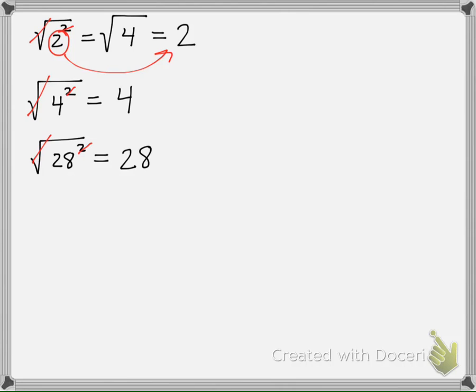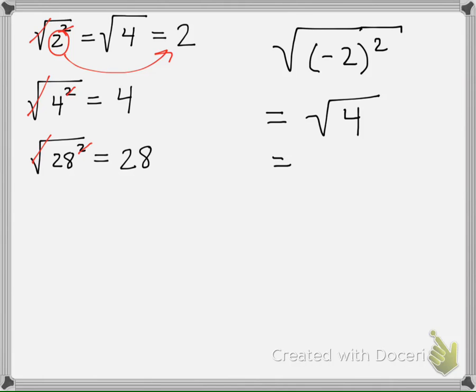Now, this is true when there's numbers, you can easily see what's going on. The problem is, we said that whenever we have the square root of a negative number squared, things happen a little different. So here we see that negative 2 squared is 4. But the square root of 4 is 2.